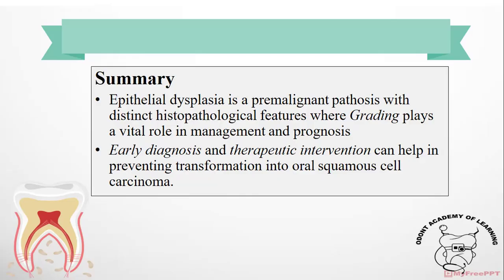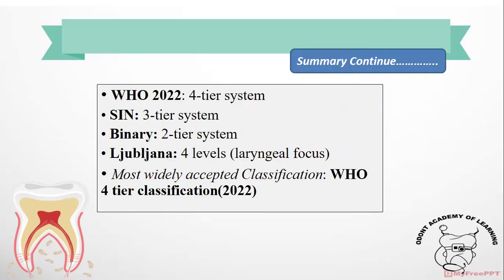You can plan out the management accordingly. But if the grading is on the higher side, it means it is severe, and in that case you have to change your management, and the prognosis will also change. Early diagnosis and therapeutic intervention can help in preventing the transformation of dysplastic lesions into oral squamous cell carcinoma.